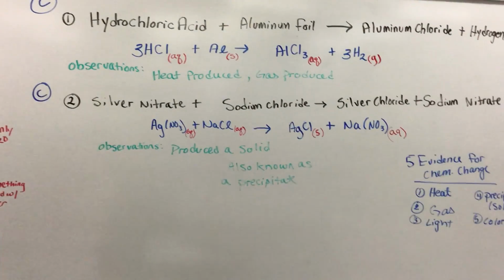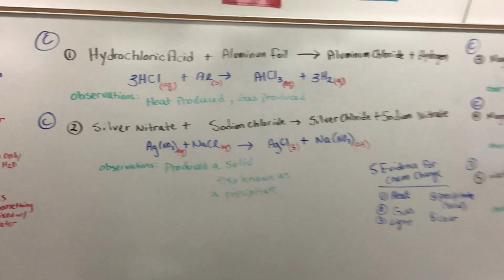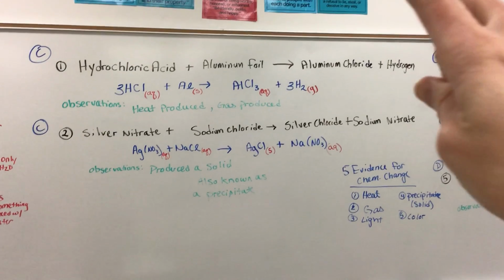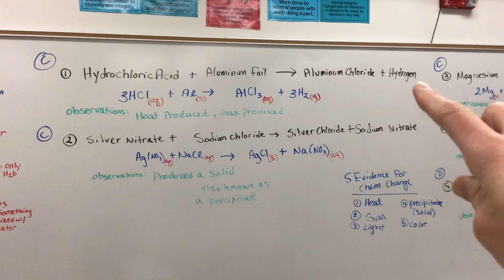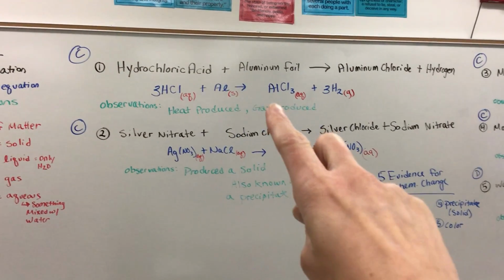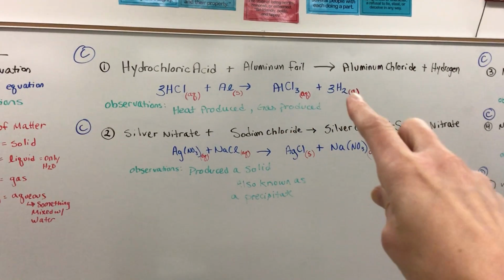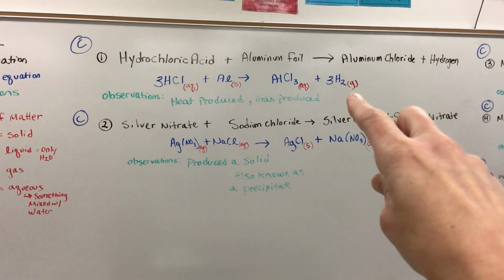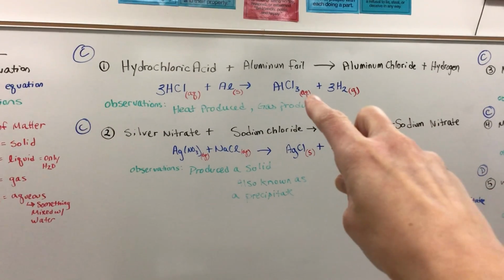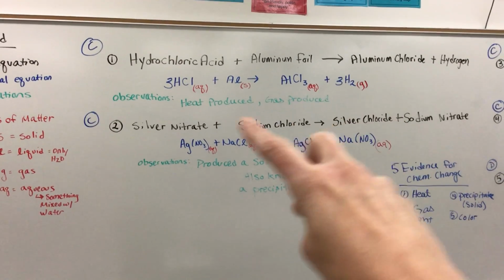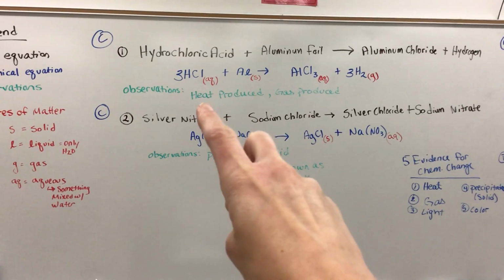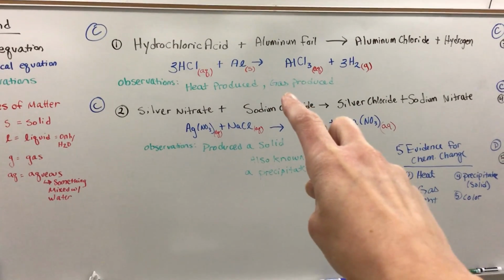So that's the bubbles that are being created. So when we look at this, we have our name, which is aluminum chloride and hydrogen, and then we have our chemical formula here and here. We know that hydrogen was a gas, so we're going to write a G down, and we know that aluminum chloride was aqueous, and our observations that you should have down is that heat was produced and gas was produced.